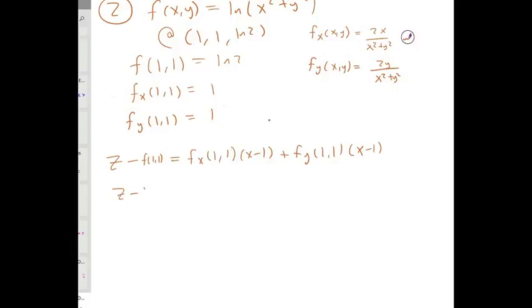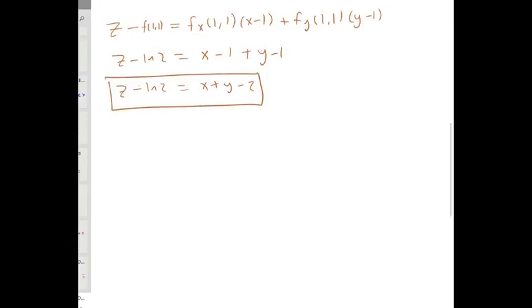We know this is ln 2. We know this is just 1, so we can drop the parentheses. And this is also 1, so we can drop those too. This should be a y, my bad. y minus 1. And we can combine the negative 1s to make a negative 2. And that's good enough for me.